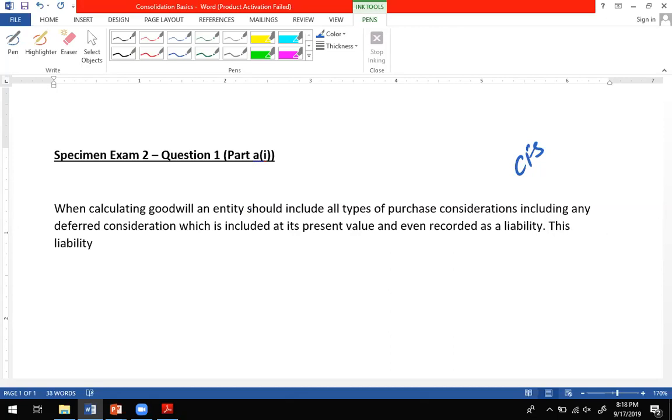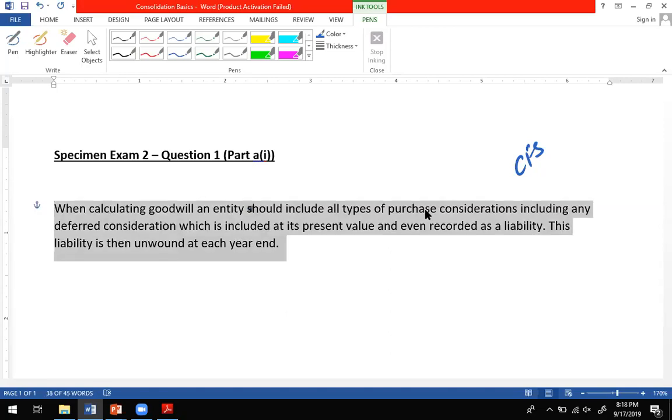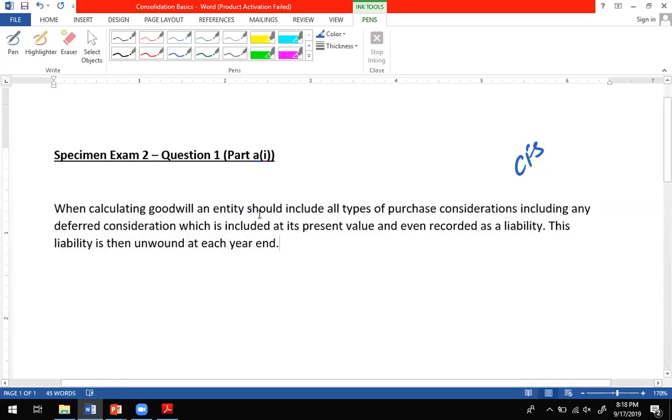This liability is then unwound at each year end. So this is the first statement that we have written, which is a general statement talking about the correct treatment.